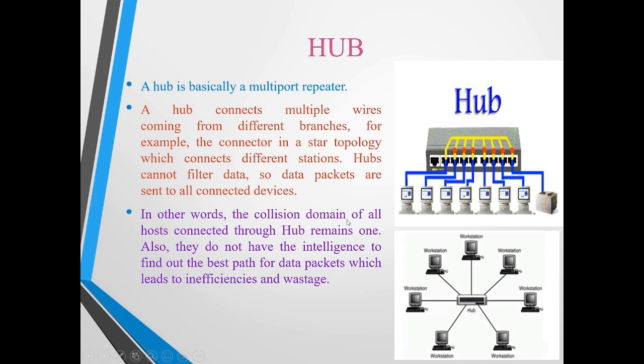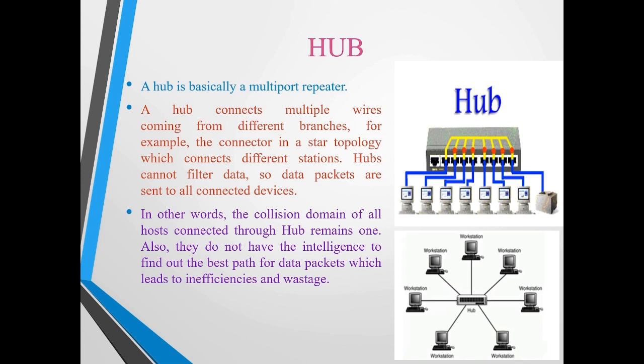Means you could understand it is one electronic device that connects several nodes to form a network, and it redirects the received information to all the nodes, like to this node, third node, fourth, fifth, sixth, seventh, eighth, means all the connected nodes. That means all the information would be broadcasted. That is why it is called a non-intelligent device.